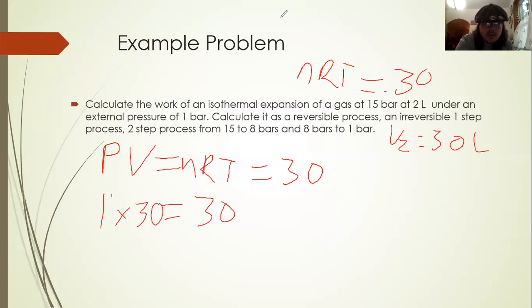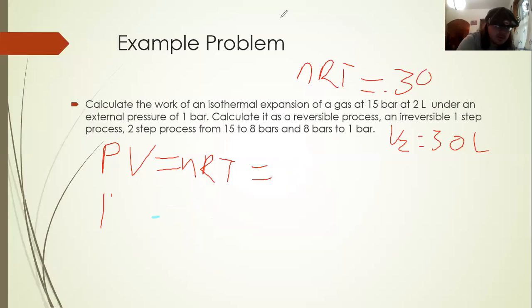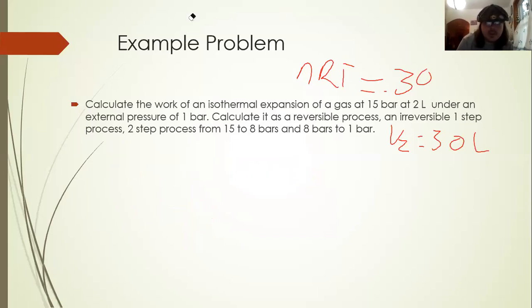Now, I'm going to erase some stuff. So let's calculate this first for what I'm going to do. Well, we'll do the reversible process. So we have work of an isothermal reversible process, negative nRT, so negative 30.